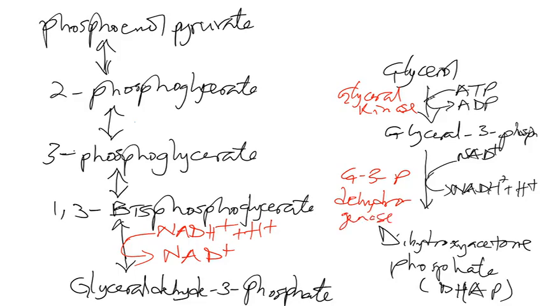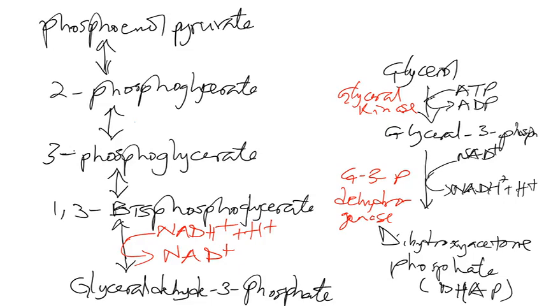Okay, so forgive me for that. Glycerol 3-phosphate dehydrogenase catalyzes the conversion of glycerol 3-phosphate to dihydroxyacetone phosphate.